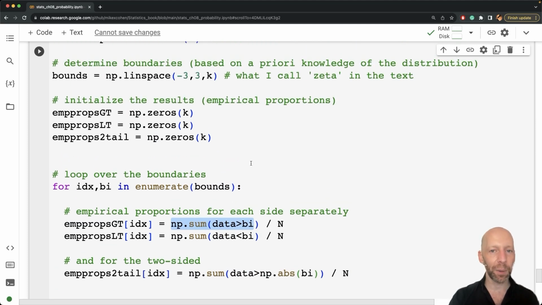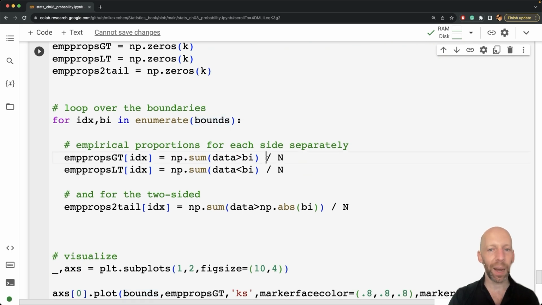So each value in this vector bounds divided by n, which is our total sample size. So essentially, this is the mean. I guess I could have also done the mean here and gotten rid of this. But so this is the total proportion of data values above the threshold and below the threshold. I store those in variables that I call empirical proportions greater than and empirical proportions less than.